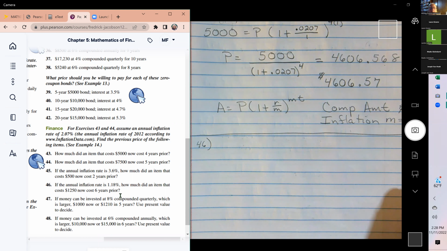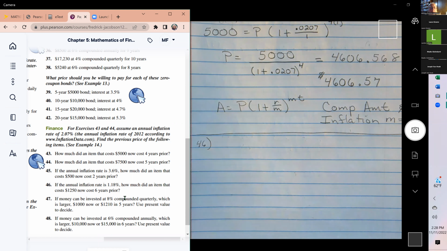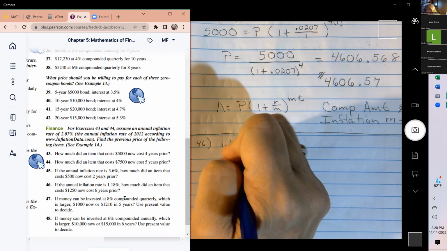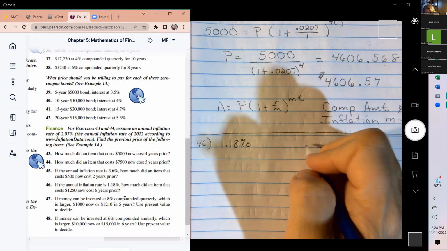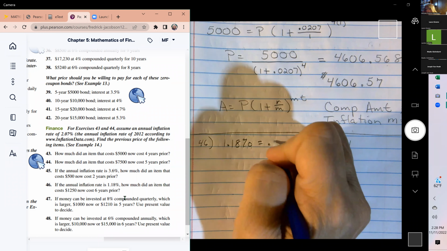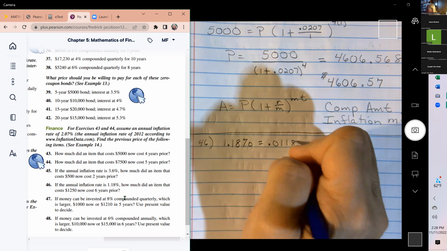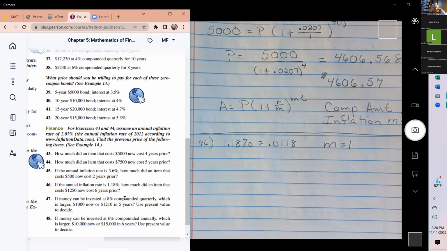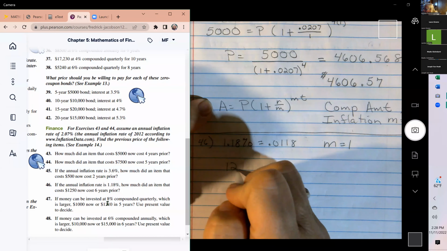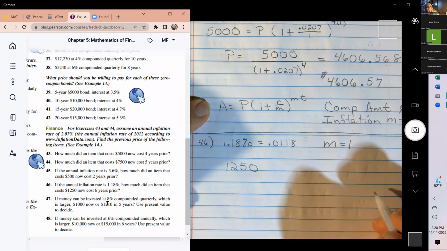Let's look at number 46. If the annual inflation rate is 1.18% annually, means our M is 1. And we have to write our percent as a decimal. How much did an item that's $1,250 now cost 6 years ago? So $1,250 was the future value.